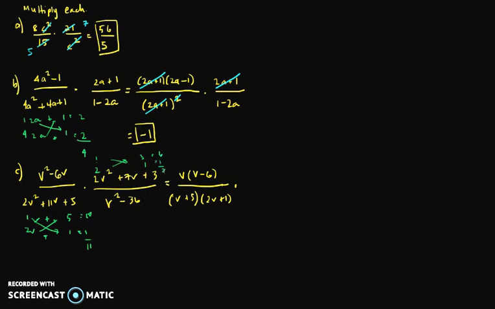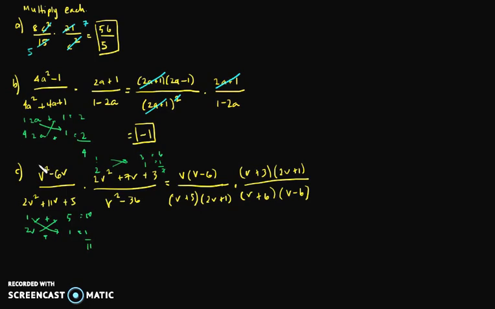So the factor of this trinomial is b plus 3 times 2b plus 1, all over. This is a difference of squares, so automatically this will become b plus 6 times b minus 6.